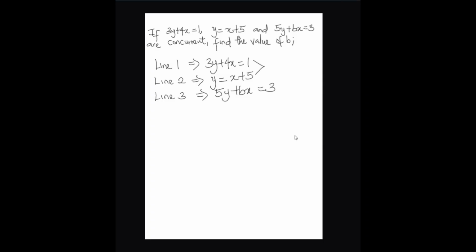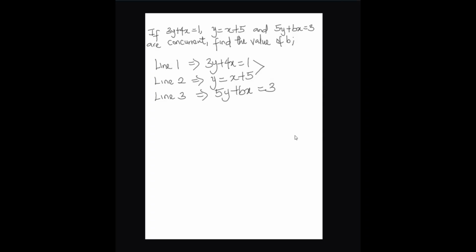So for us to find the intersection between the first two lines, what do we simply do? It's simply for us to substitute the value of y, which is x + 5, into the first line, then we see what we get from there. So let's do that right now.